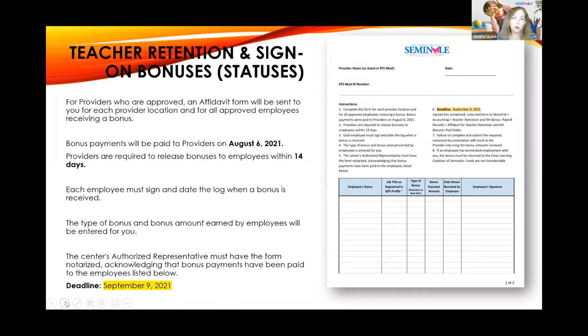The next step in this process is, because these are quality funds, we have to prove to the state that you've given these monies to your teachers. So the form that you see here is basically an affidavit that the Division of Early Learning has approved. We will ask you to release these funds within 14 days to the teachers who are eligible. If the teacher has left your center between the time that you applied and the time that we release the funds to you, we ask that you return those funds to us, and we can assist you with that process.